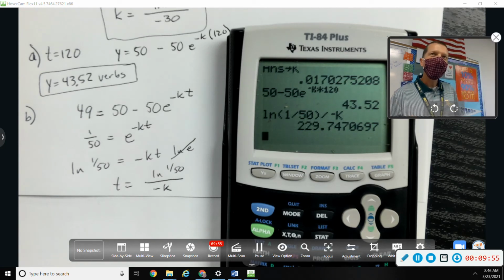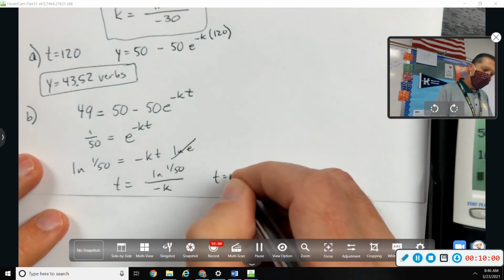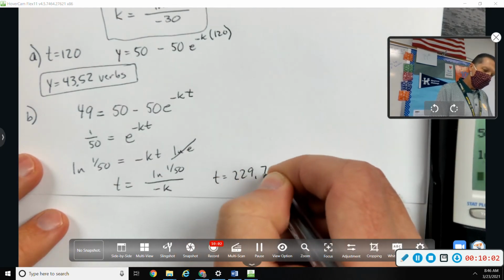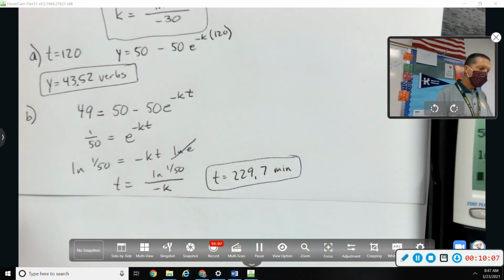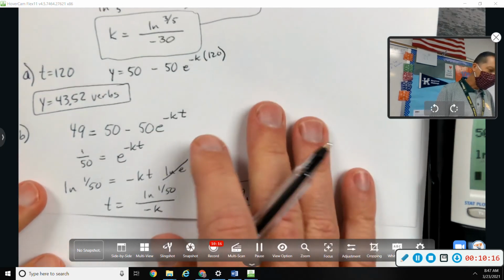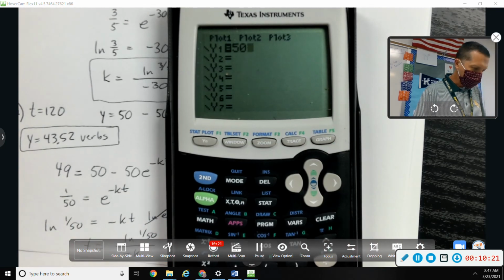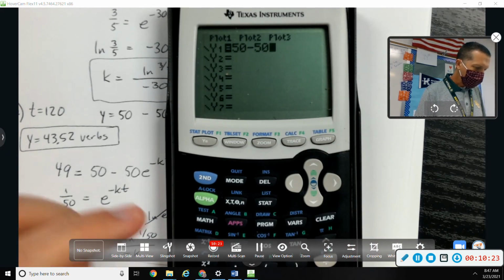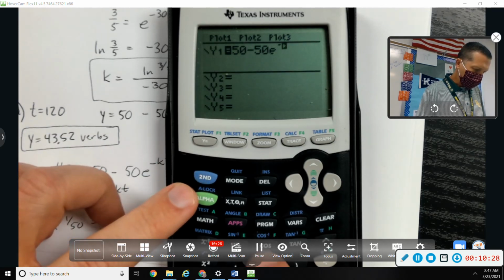229.7. No, it's 3.5 hours. Yeah, that sounds terrible. But this is a model, and if we graph this, there's an exponent thing going on. So I want to look at this: 50 minus 50 e to the negative k.